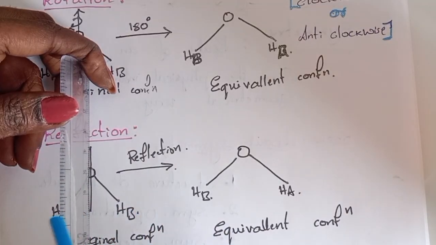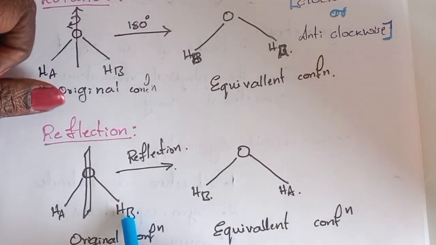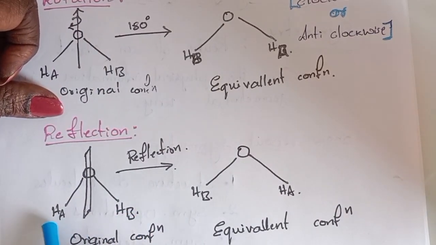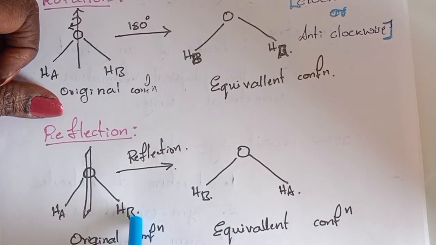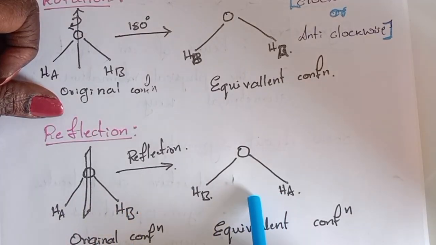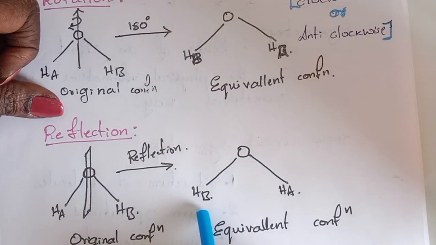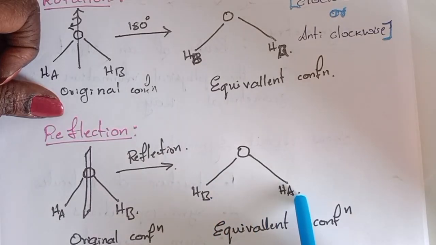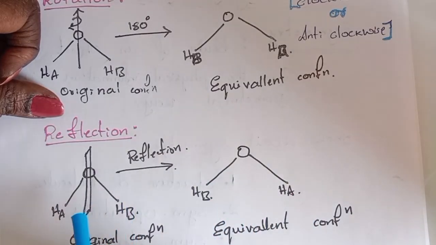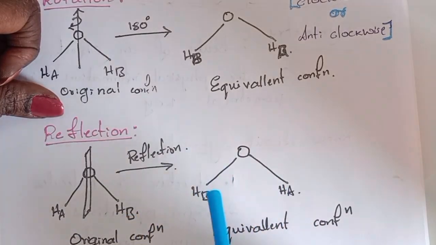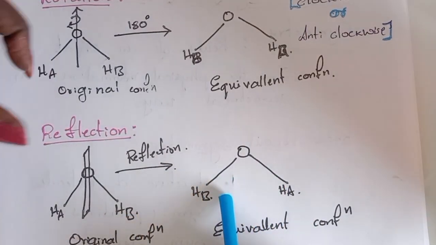HB will reflect here and HA will reflect here. That means HB on the right side will reflect to the left side and HA will reflect to the right side. So in the resultant configuration, HB will come here and HA will come here. That means the mirror bisects the molecule into two halves which reflect onto each other.